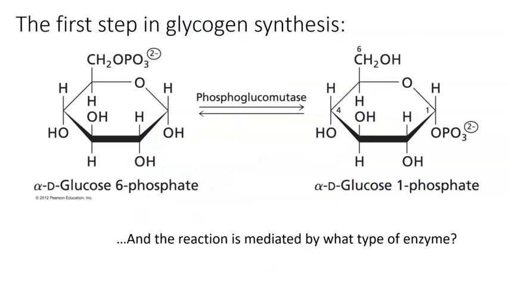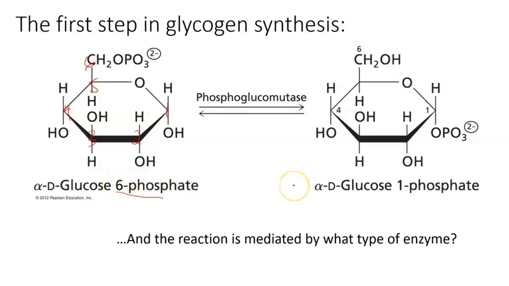Looking at this glycogenesis pathway, the first step, if we start at glucose 6-phosphate, we have carbon 1, 2, 3, 4, 5, 6. We have the 6-phosphate, right?